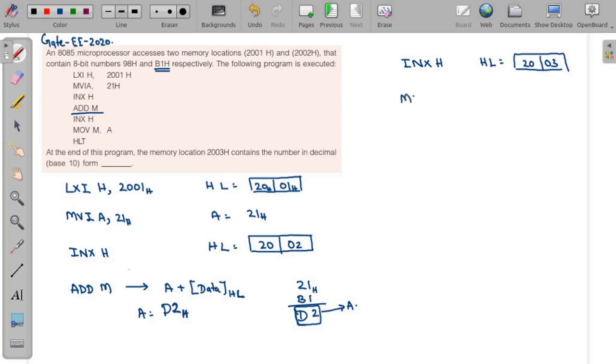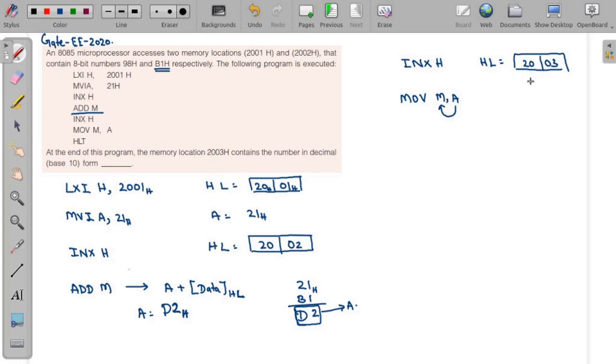Now move the content of A to the address location of HL, okay. So what does MOV M comma A mean? You have to move the data present in A to the address location denoted by the HL pair. This M basically denotes the HL register pair, okay. So you have to move the content or the data in the accumulator to the address location specified by the HL register pair, okay.